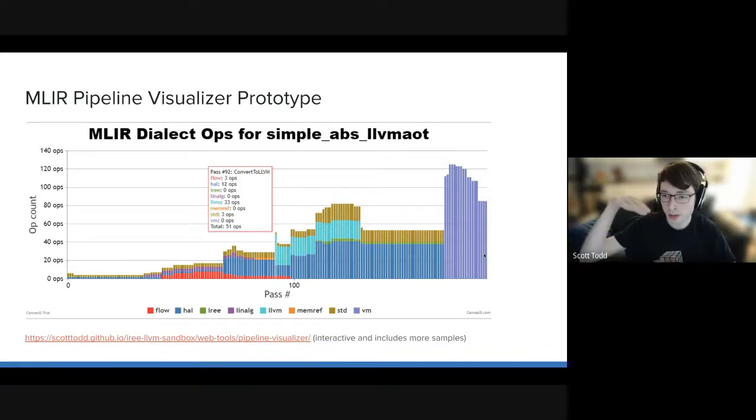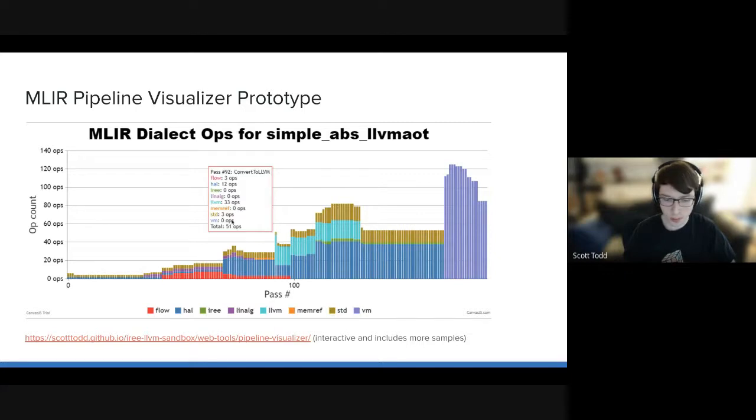And the y-axis is the number of ops in the top level module throughout that compilation. So as compilation proceeds, we go from our little simple input IR to something more complex. And each series in this stacked bar chart is colored based on which dialect that particular count of ops is.